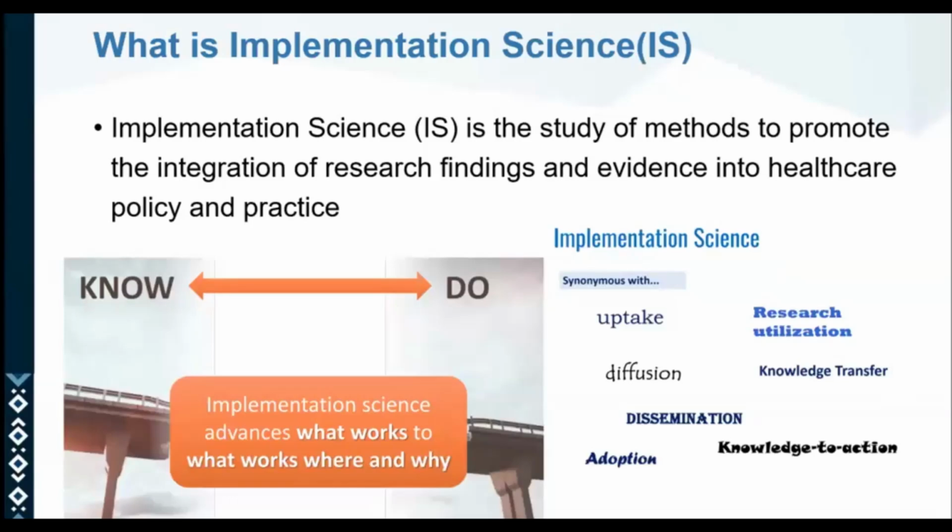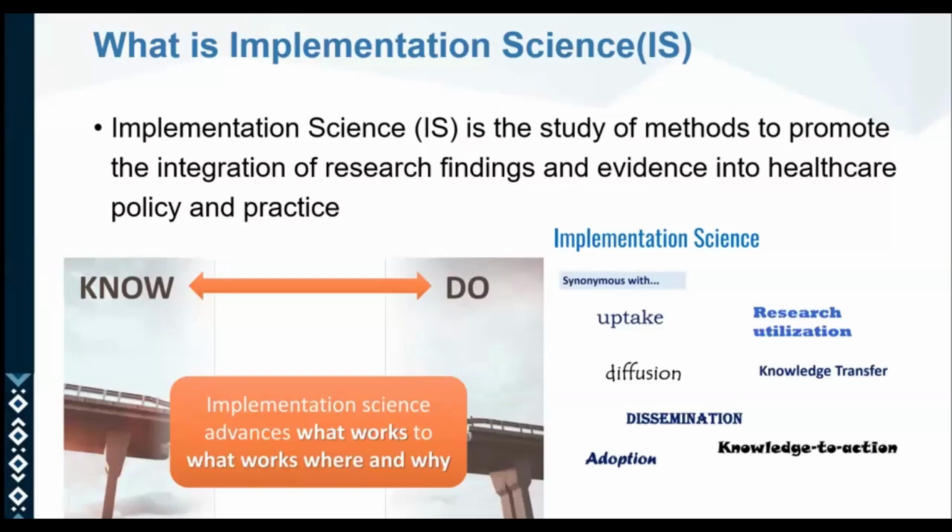There's a lot of research being done, but some health conditions remain the same. People discover things and then don't implement them, leaving us in the same place. There's a huge gap between knowing what has to be done and actually doing it. Implementation science is the concept that bridges this gap. It closes the know-do gap.